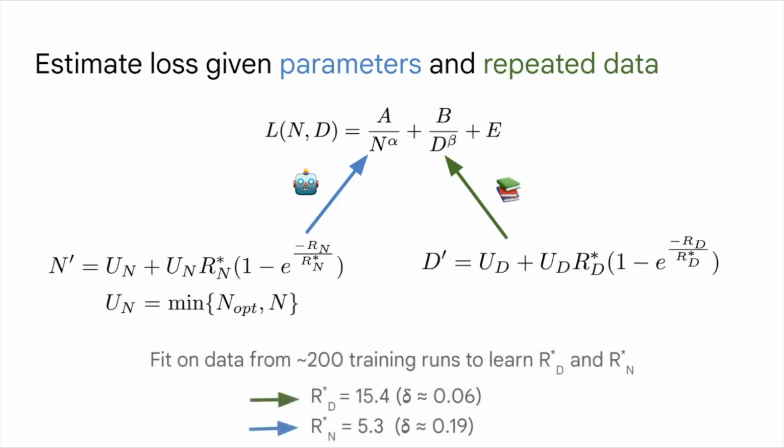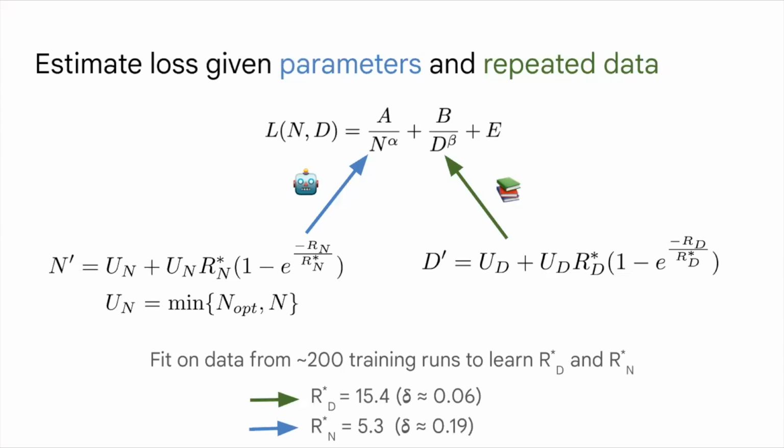So as said, we fit those two hyperparameters, or really parameterizations, the parameters of our function, Rd star and Rn star, on roughly 200 training runs, and get these values. And they'll make a bit more sense when we look at the slides where we see the decay in value of parameters.